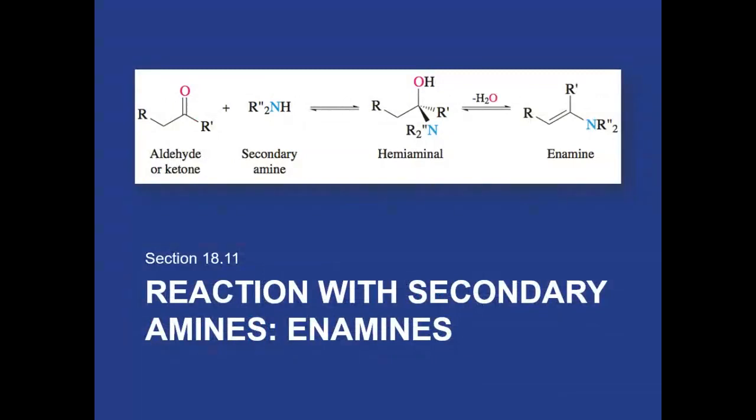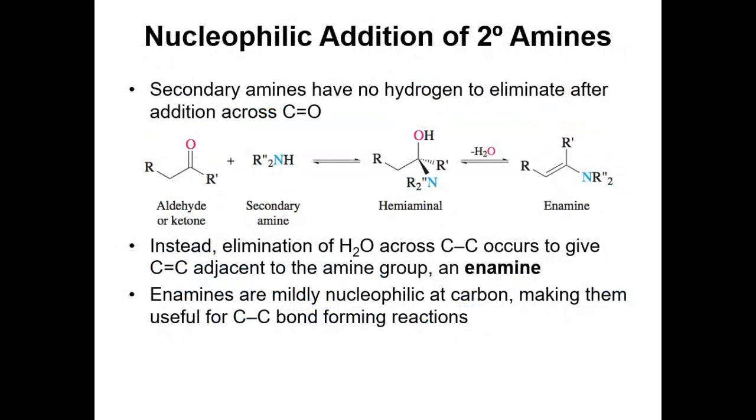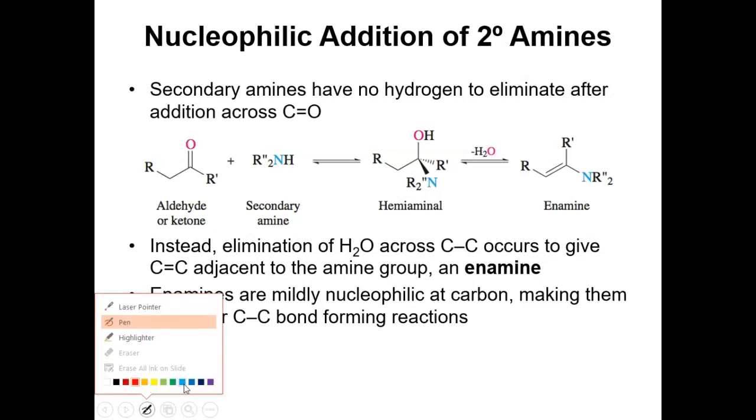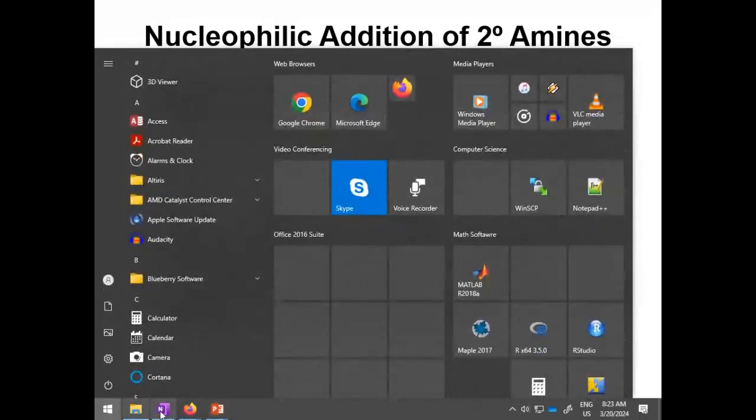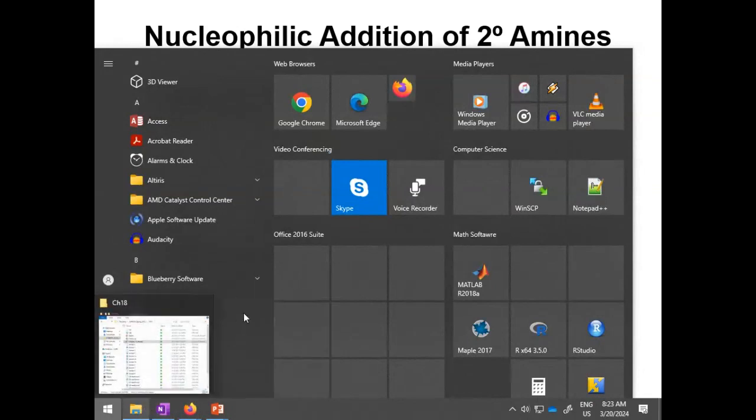Now, what if we have a secondary amine reacting with the carbonyl? The first stage is still the same, because when you look at the amine, you can always interpret it, or break it down, as the combination of the electrophilic proton and the nucleophilic amide part.